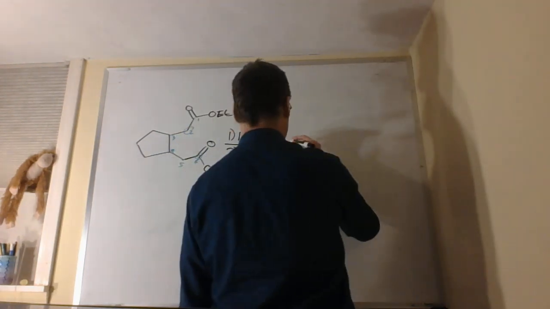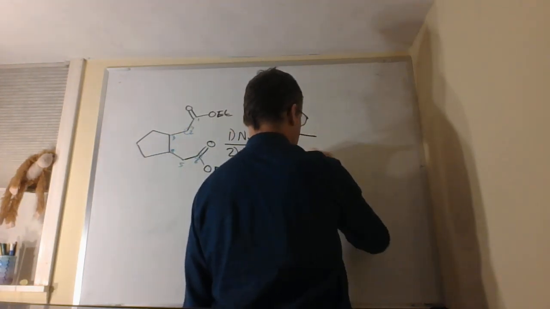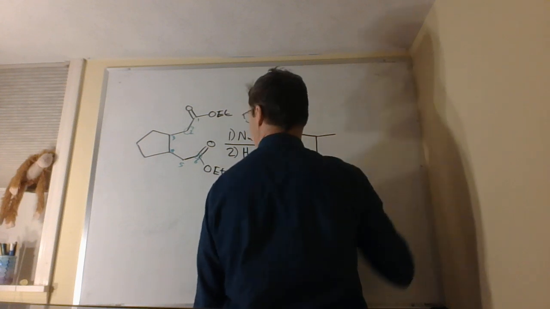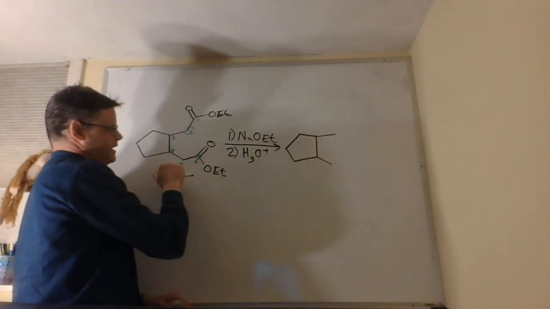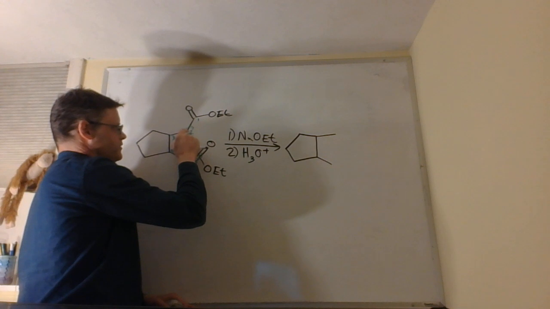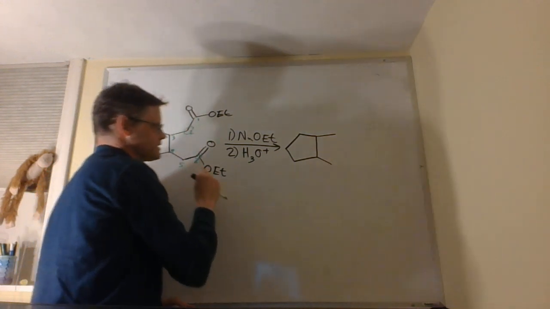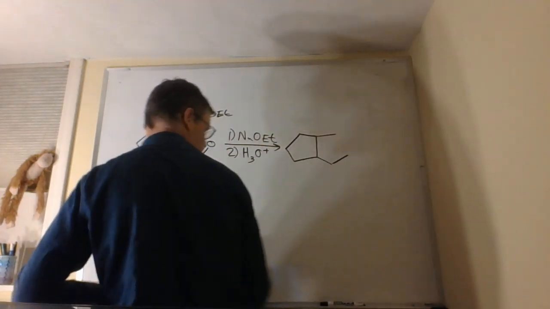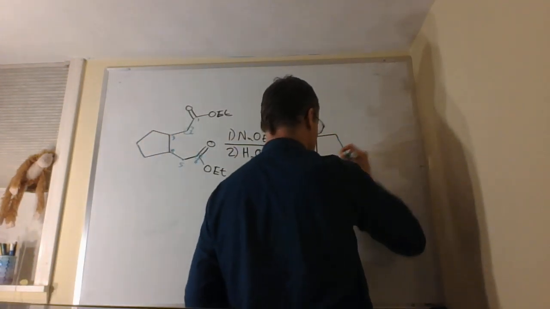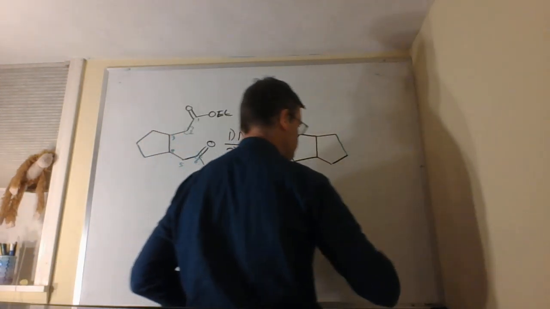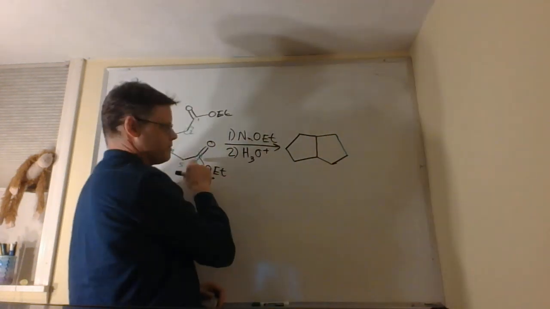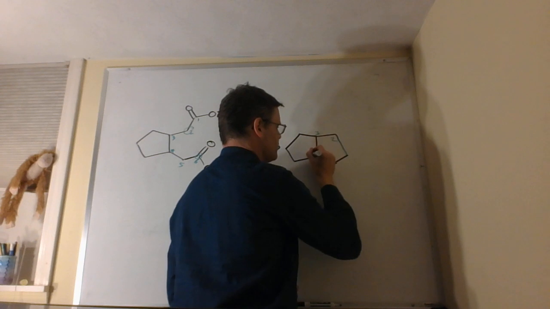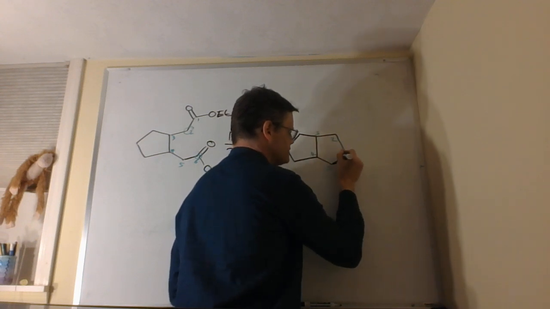So my ring that I'm going to make is going to be made with carbons 2, 3, 4, 5, and 6. So I'll get my numbers up there: 2, 3, 4, 5, 6.